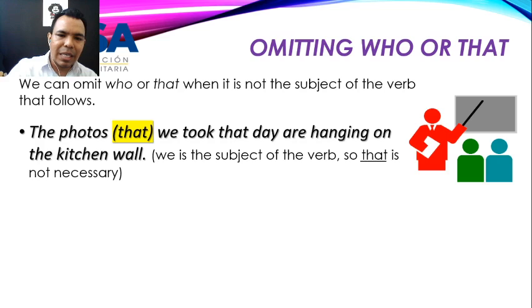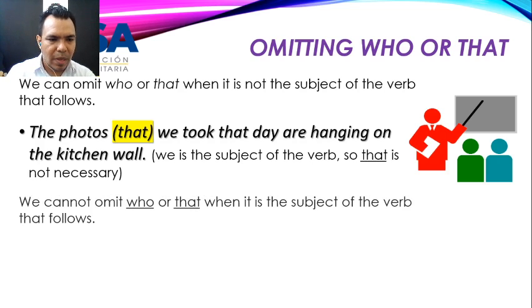In this sentence, what follows starts with we, which is the subject, the one who does the action, so that is not necessary. But we cannot omit who or that when it is the subject of the verb that follows. In this type of sentence, we have two parts, like an embedded sentence: two sentences in only one.